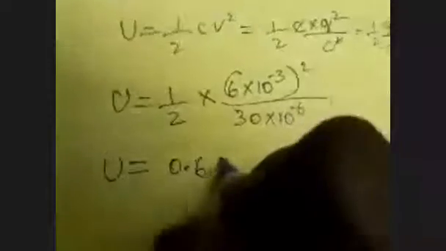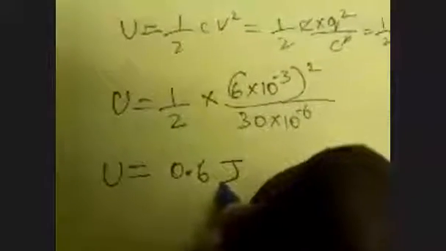The energy stored from this calculation will be 0.6. The SI unit of energy stored in a capacitor is joules.